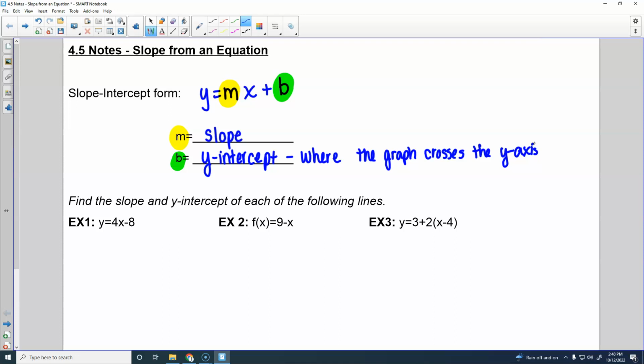Okay, so it's where the graph crosses the y-axis. Your x-coordinate is 0 there.